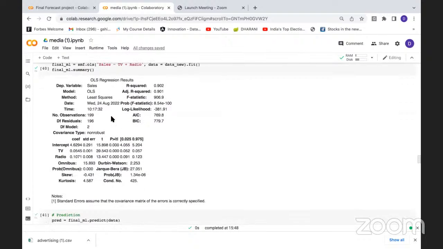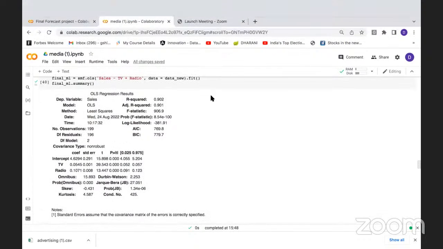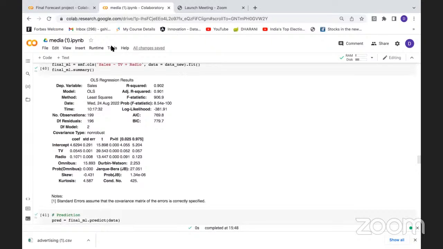Now we have to check for many other values. There is not much difference here in R square value, but our main focus is on p value. The p values are low, so the null should be rejected and we accept the coefficient values: intercept, TV, radio.